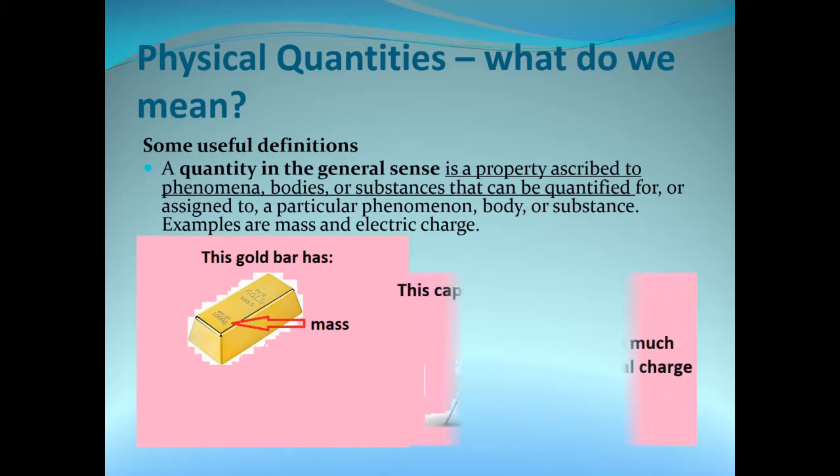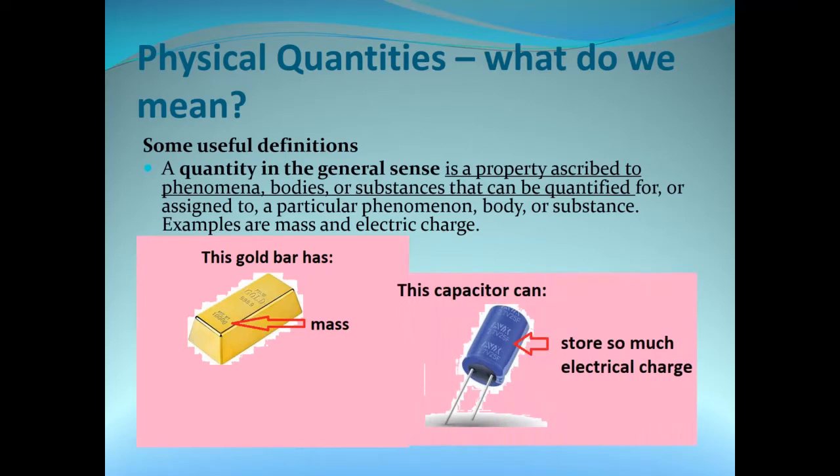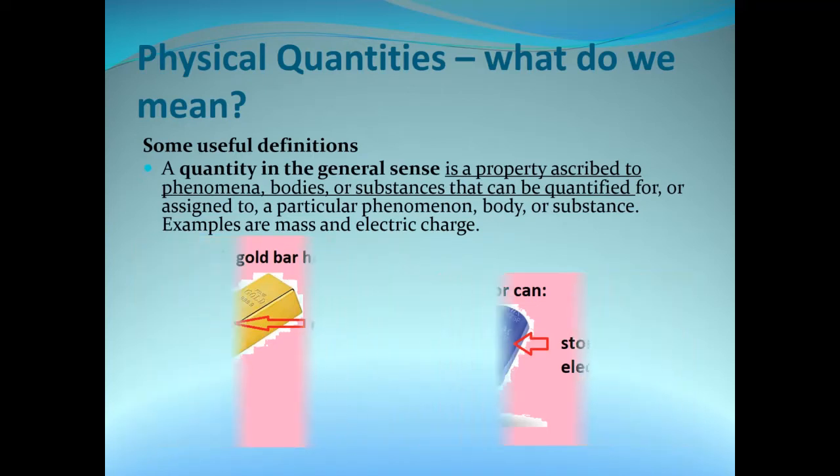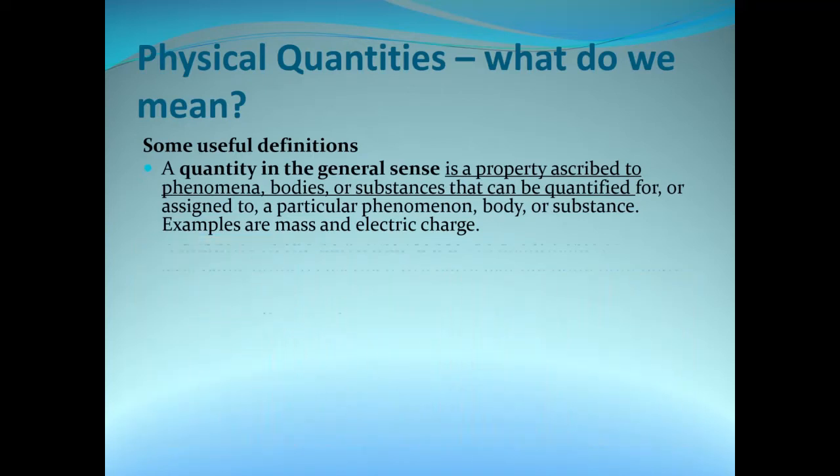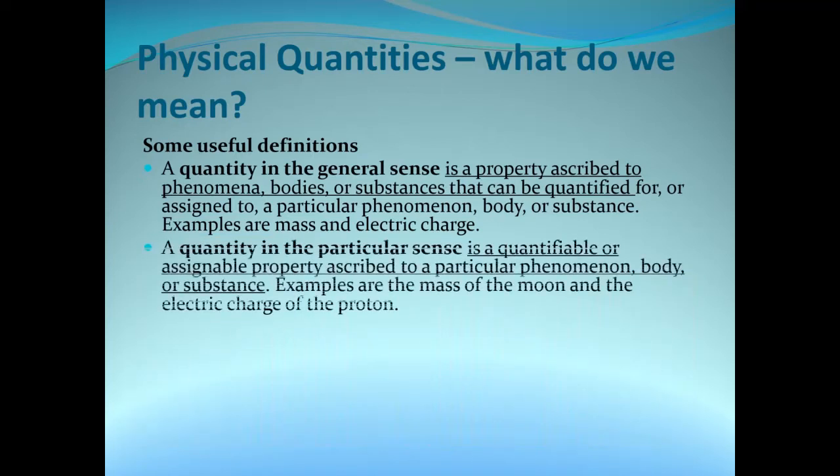It has a mass. Here is a capacitor. I'm ascribing a particular quantity to that capacitor. It can store charge. I can put a number to how much charge is stored on that capacitor. Now, in a more particular sense, a quantity is quantifiable or assignable, and can be assigned to a particular phenomenon or body or substance.